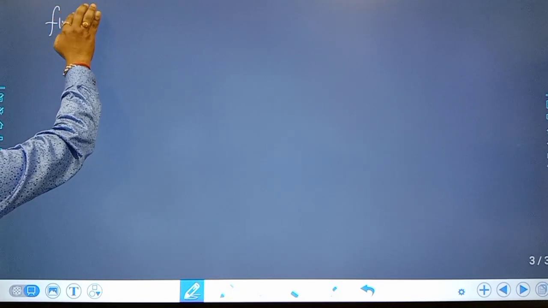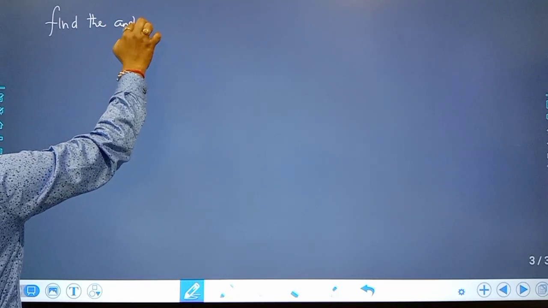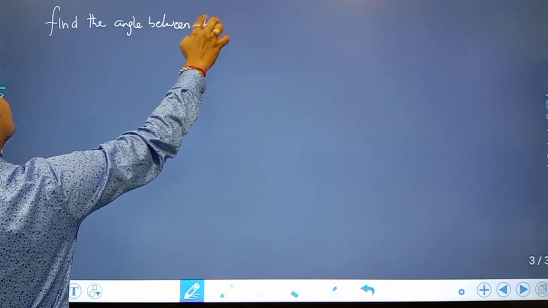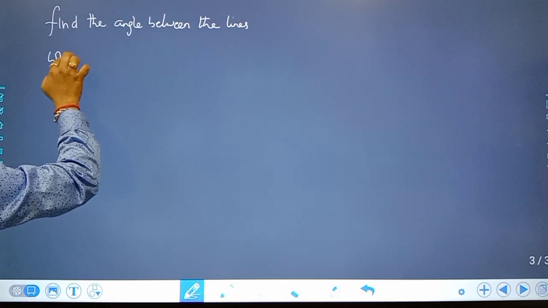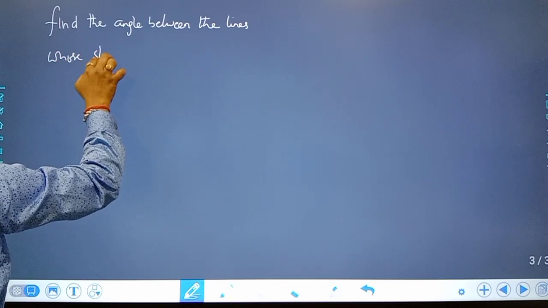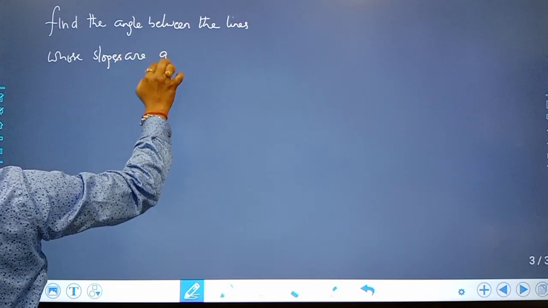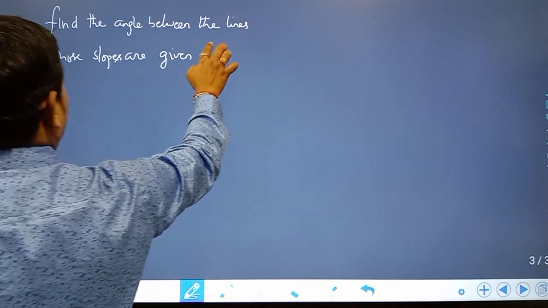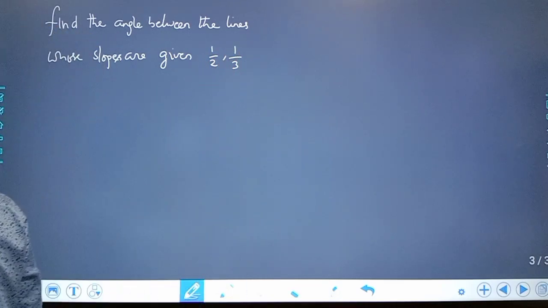Find the angle between the lines whose slopes are given, 1/2 and 1/3.